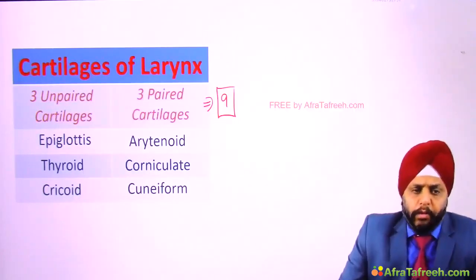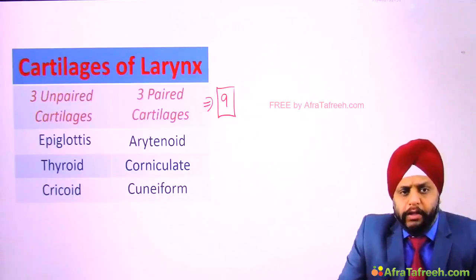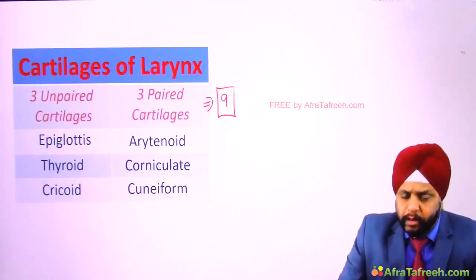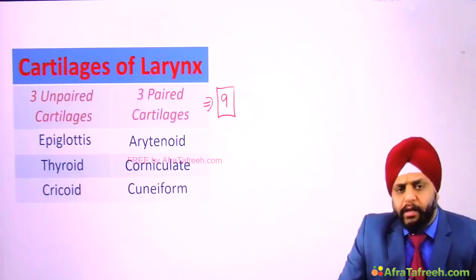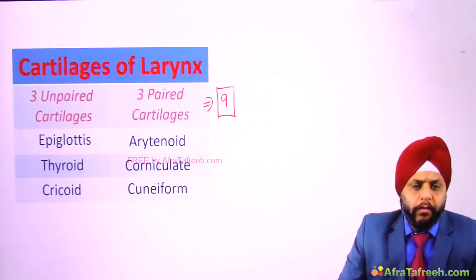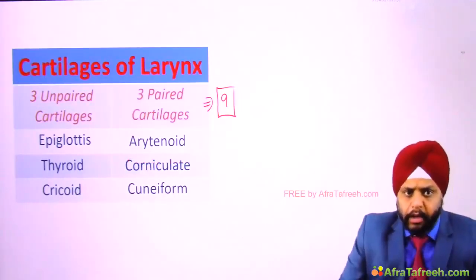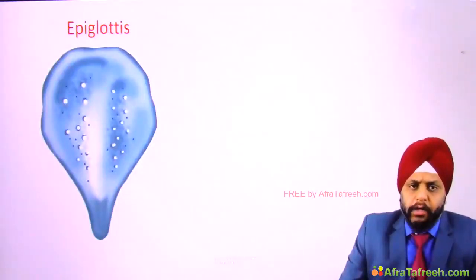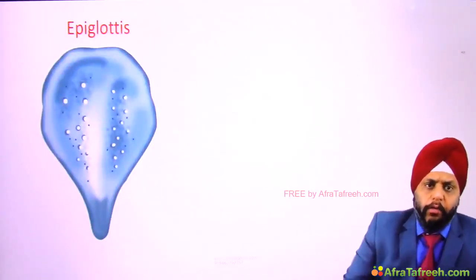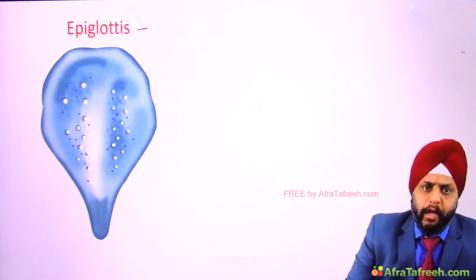So what we will do is we'll study each of these cartilages separately. As I said, I will first disintegrate the larynx, we'll study each of these components separately and then we'll combine them together. Let's first start with the epiglottis. As you can see over here, this is the epiglottis.